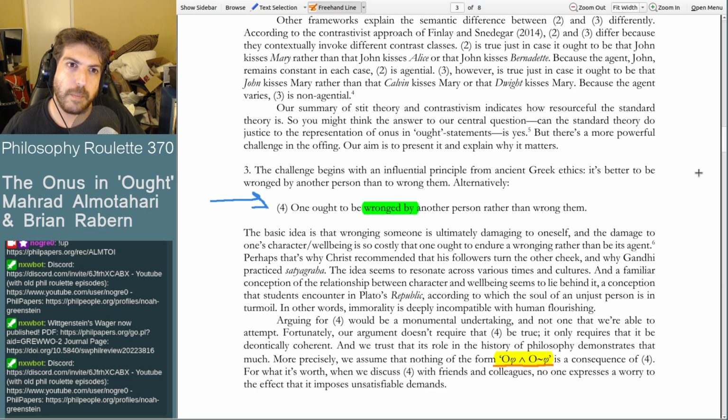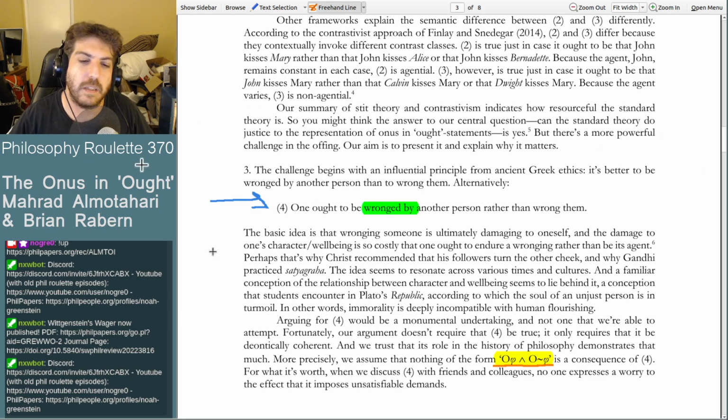Yeah, for any person X and Y, they should prefer to be wronged by the other person than to be the one wronging. I can see why you would say for any person, they ought. But does that sound right? For any person, they ought to prefer being wronged by another person than to wrong the person. That sounds okay too. You can do that.